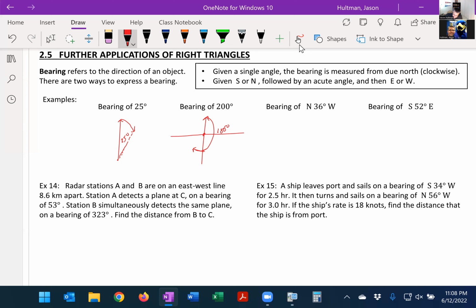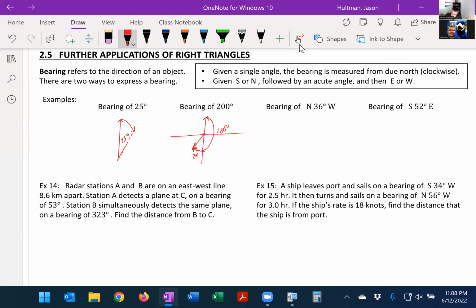If we look at our axes here, if we go all the way around to 200 degrees clockwise, that's an extra 20 degrees from 180, then we end up down here. This just gives us the angle. It doesn't give us the length or the magnitude of how far we've gone. It just gives us the angle that we're looking at. It's the bearing or the heading. Sometimes they call it heading as well.